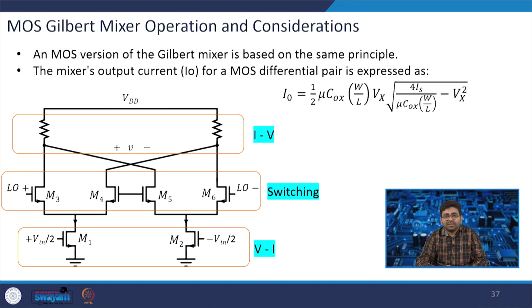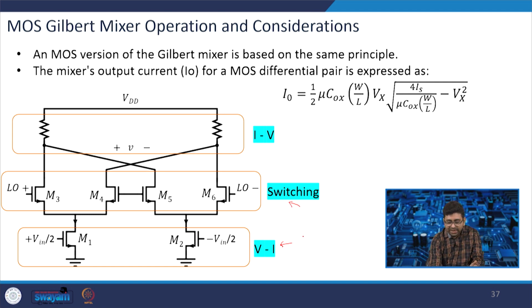So, for MOS, the same thing you can realize by using a MOS Gilbert cell mixer. So, what is this? As we have seen, this will convert voltage into current, and then this MOSFET will switch the current.